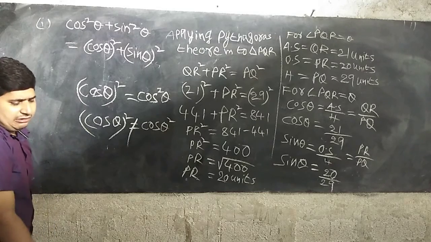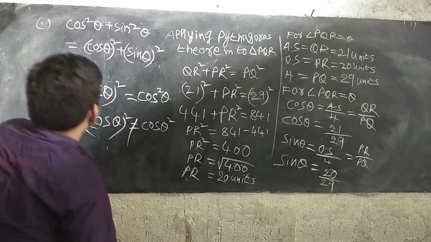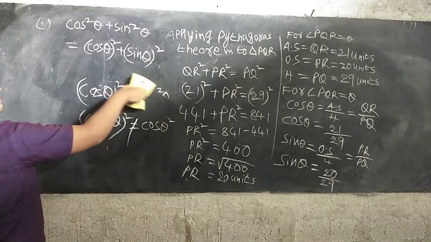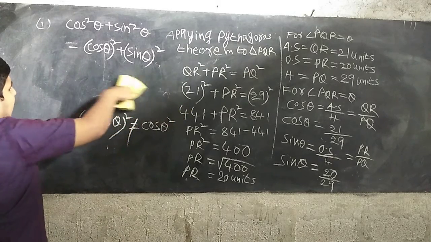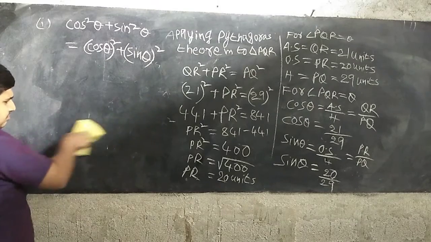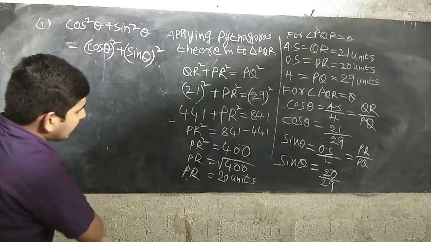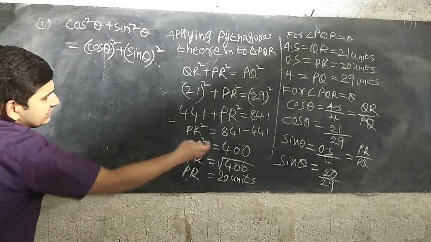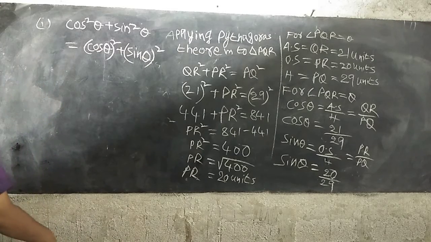So according to that concept, cos square theta equals cos theta whole square and sin square theta equals sin theta whole square. Now cos theta is 21 by 29.